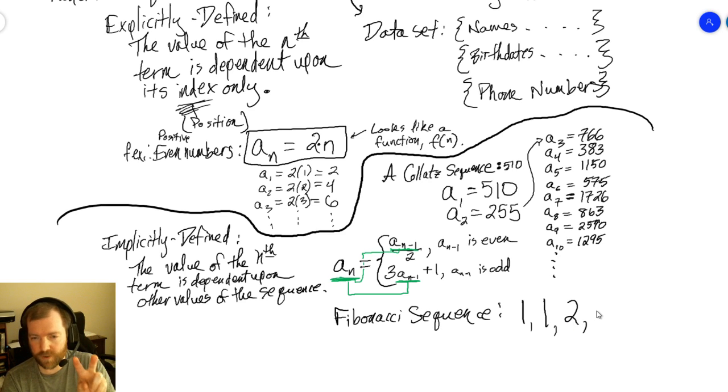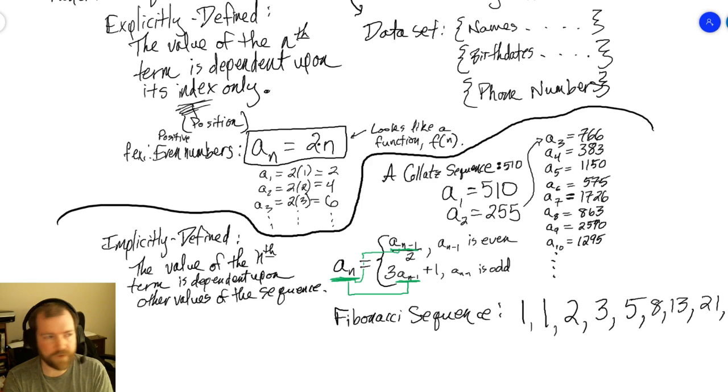So then we have 2 adult pairs and 1 baby pair, which is 3 total. And then from here, the 1 baby pair grows up into adults. The 2 adult pairs reproduce. So now we have 3 and 2, which make 5. This then continued on. Fibonacci got the values for this.